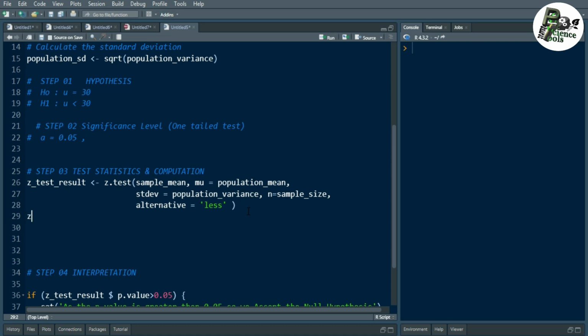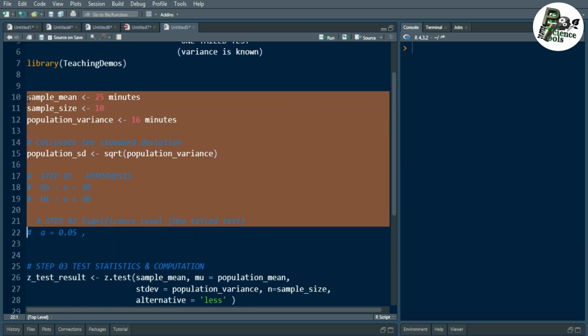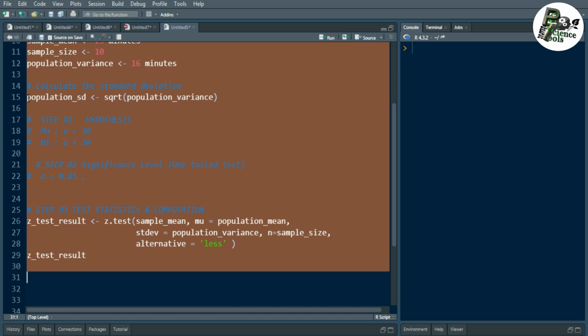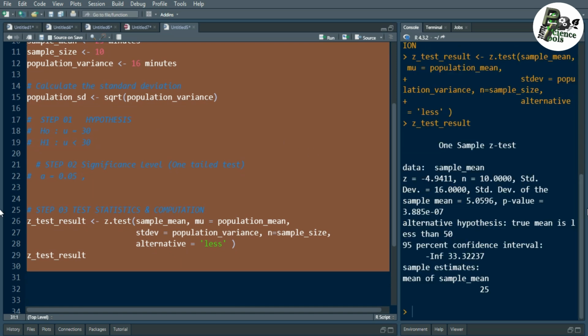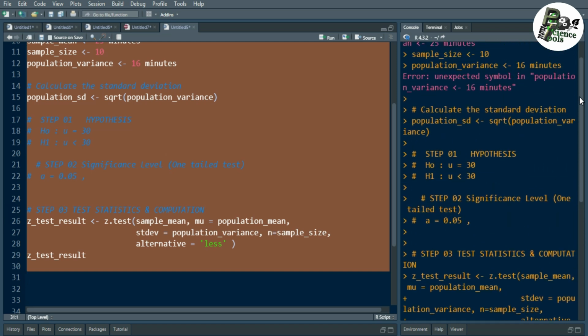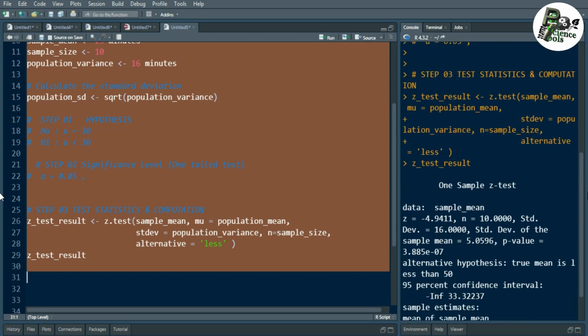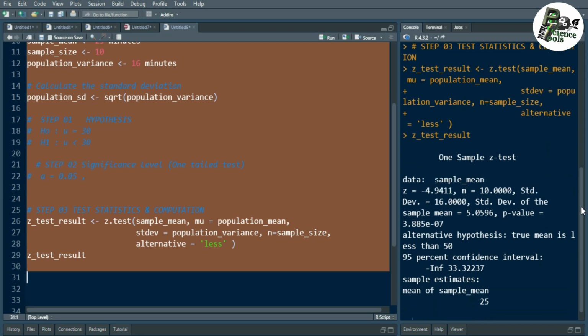Now we will run this code and print the value of z test result. After running this code, you can see the output. This is the one sample z test.